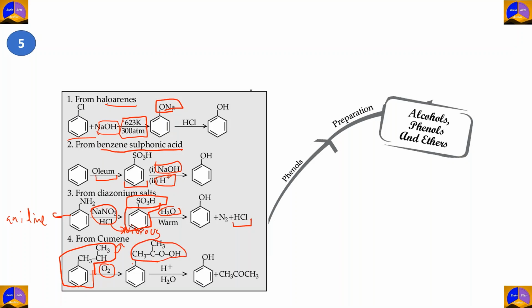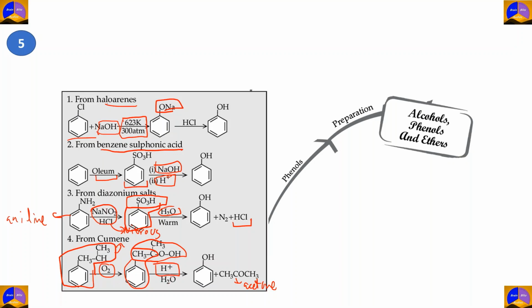So this is the hydroperoxide part, along with cumene. And then it is converted to phenol and acetone. So we know that this is phenol. So this is acetone. So it's converted in the presence of dilute acid.